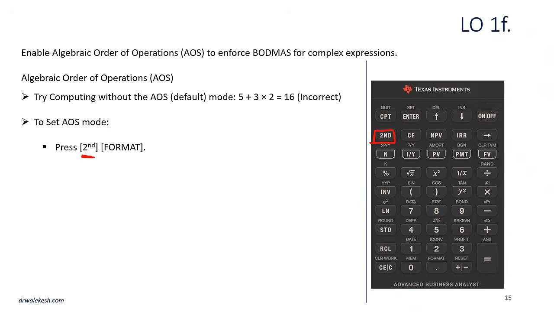This is second function here. Then you would press format. That's here. Then you would press the down arrow 4 times. So this is the down arrow. You would press it 4 times to reach CHN, the chain mode.